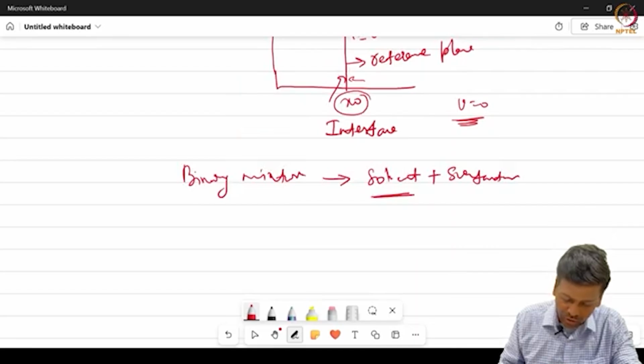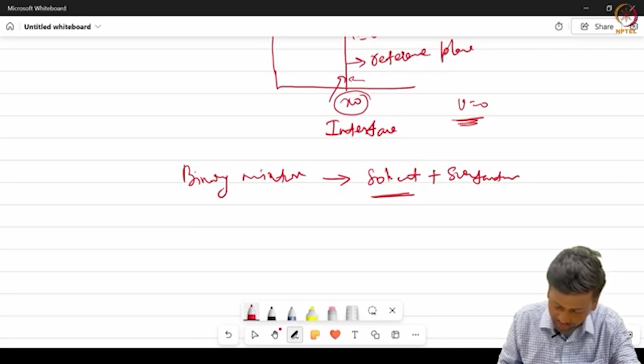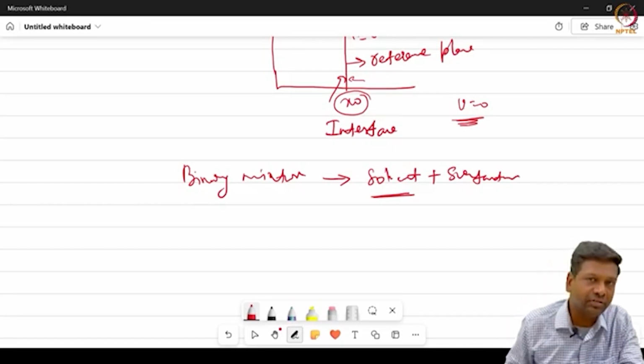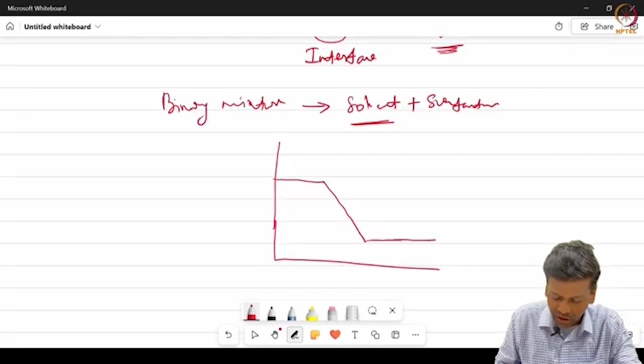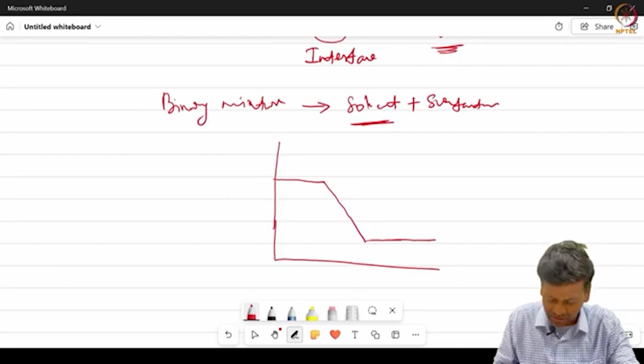So usually the solvent will exhibit a profile in a very symmetric way because they do not have any tendency to adsorb at the interface.